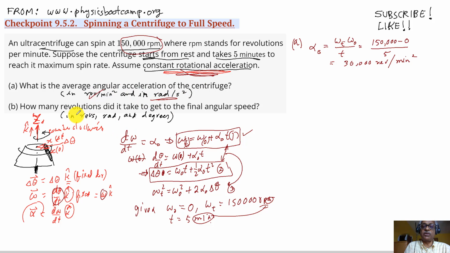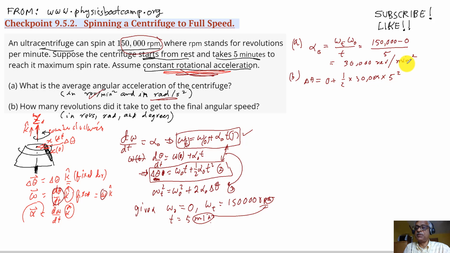Okay, let's work out B. B is how many revolutions it took to get to the final angular speed. So I'm supposed to find delta theta. In here I know everything, so I can just use this. Delta theta is 0 plus half times 30,000 times 5 minutes squared.